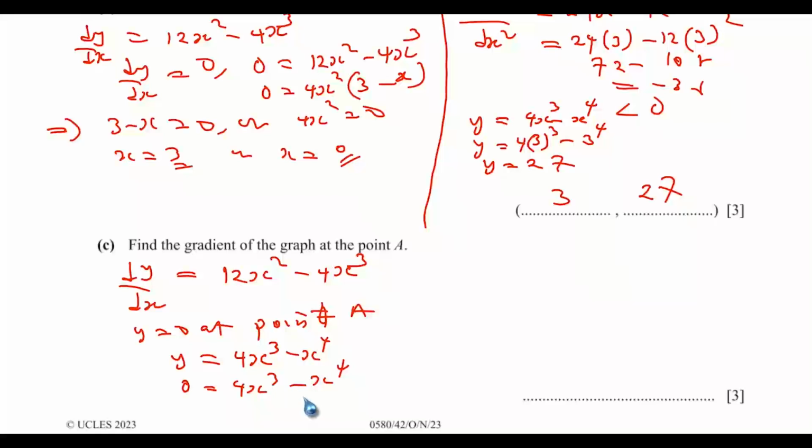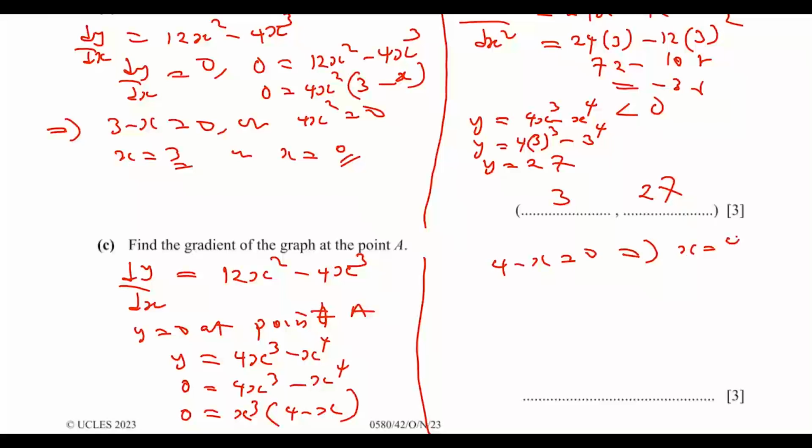Here x to the power of 3 is common, so we can factor out x to the power of 3. We have x to the power of 3, then we'll be left with 4 minus x. This implies that 4 minus x equals 0, and that implies that x equals 4.